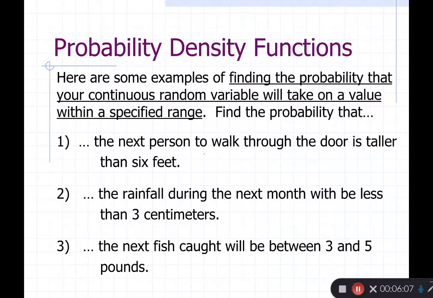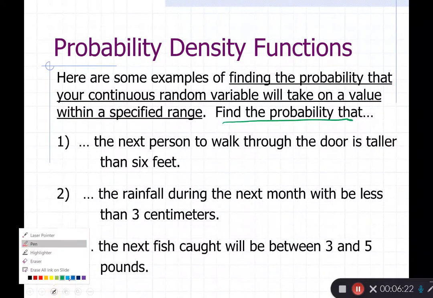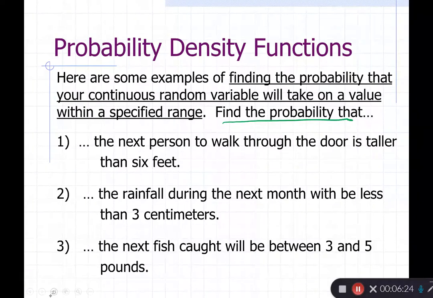What I mean by that is, what is the probability that, say, the next person to walk through the door is taller than 6 feet? So that's 6 feet or above. So the probability that x is greater than 6.